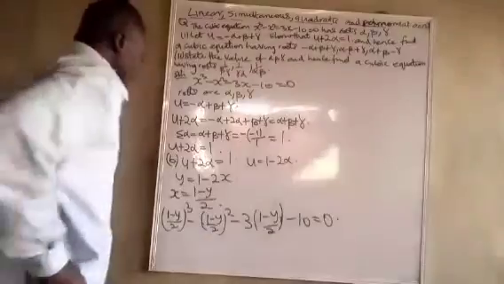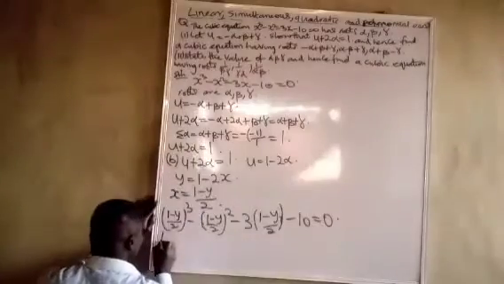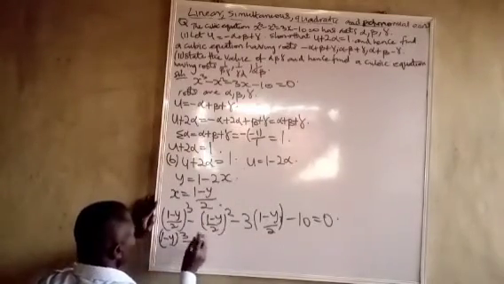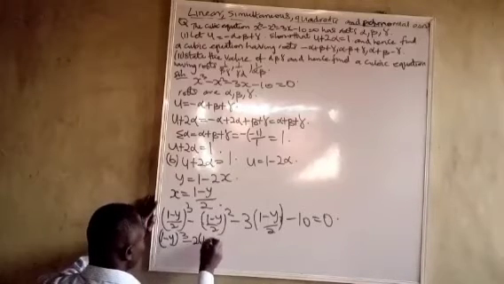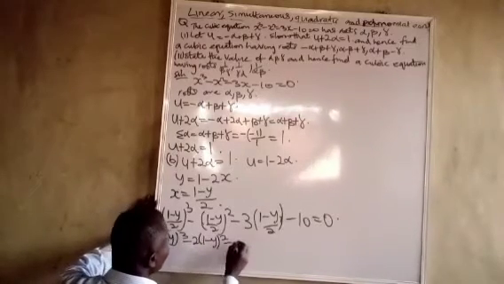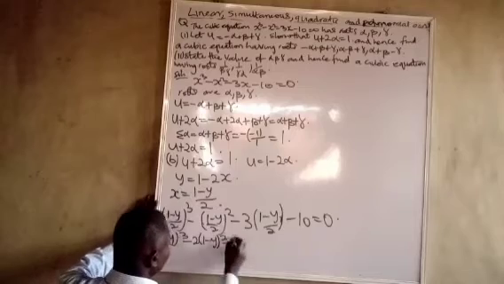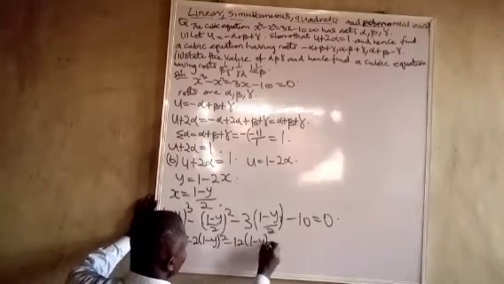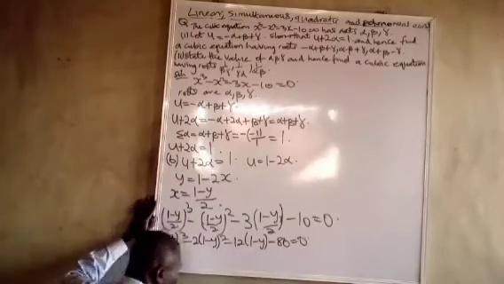Now let's multiply 2 by 8 for ease. So we can now say (1 minus y) cubed. This is 4, so 2 into (1 minus y) squared, minus 3 times 4, that's 12 into (1 minus y), minus 8 equals 0.